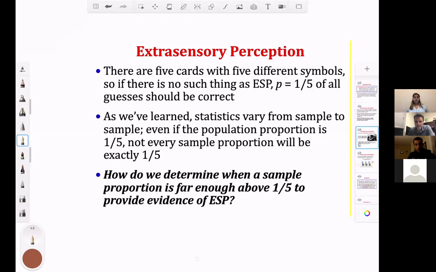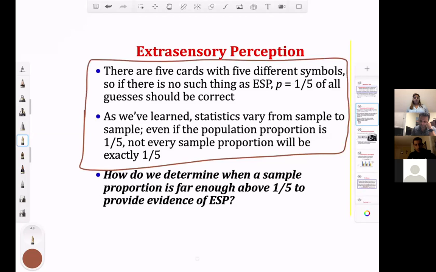Even if the population proportion is 1/5, not every sample proportion will be exactly 1/5. This should make sense to you. Why 1/5? Because we have 5 cards: circle, square, star, wavy, and one more. So each one will be 1/5.